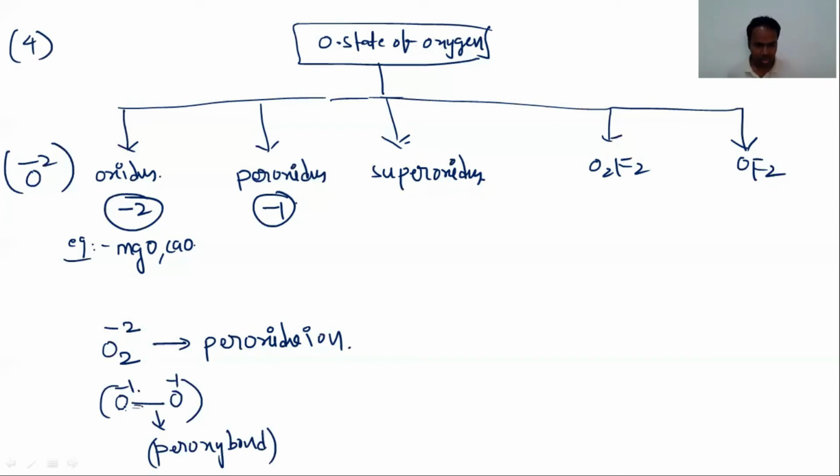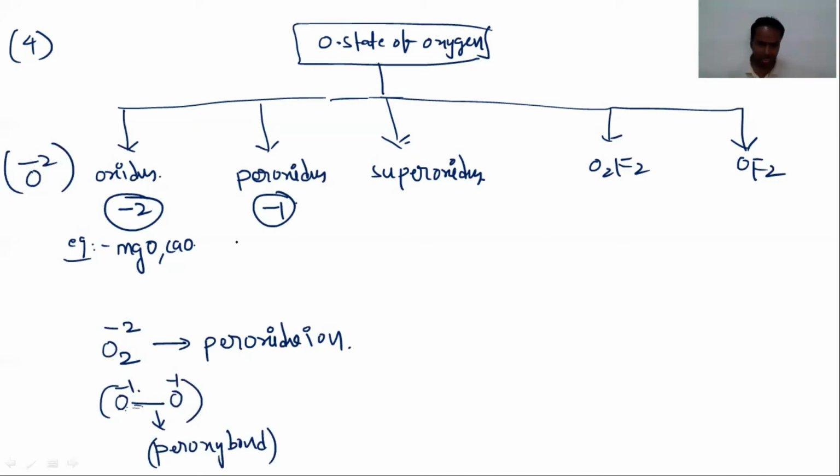When the bond is between two similar atoms, there is no charge contribution. That is the reason it can show -1. Here also it can show -1. When the bond is formed between two similar atoms, the oxidation state with respect to each other is 0. Here -1, here -1. That is called the peroxy bond.